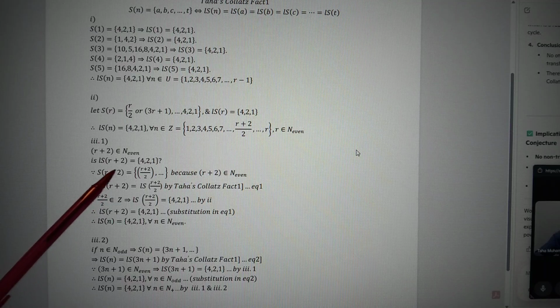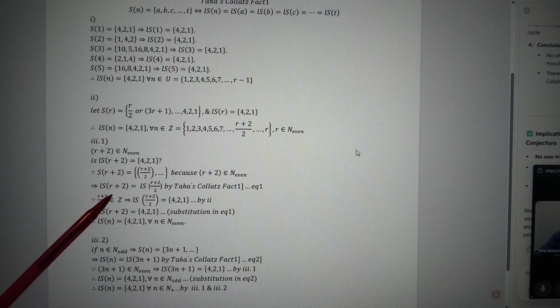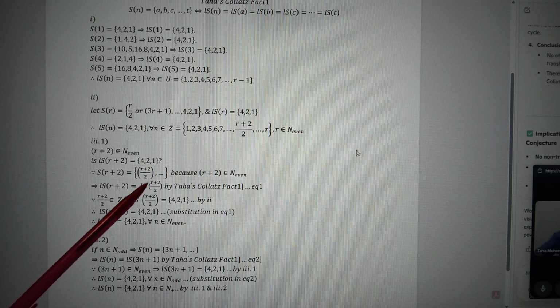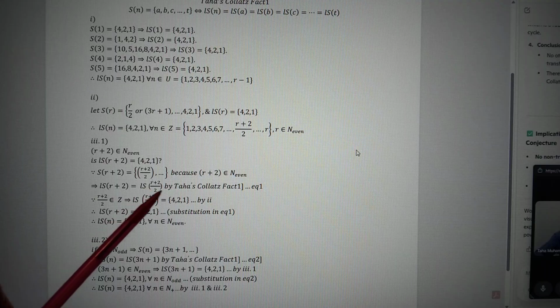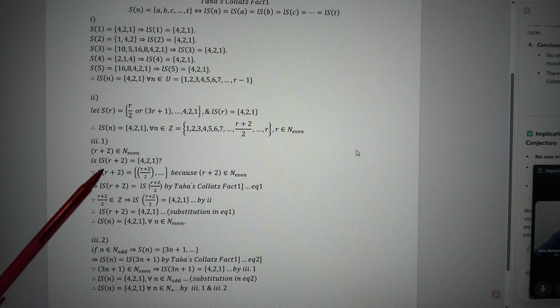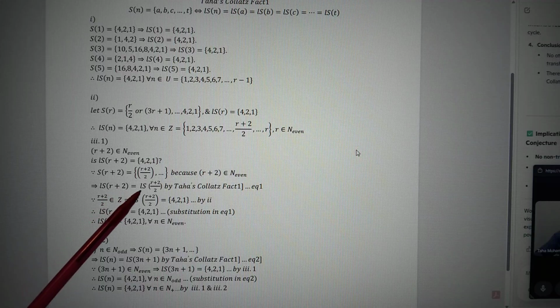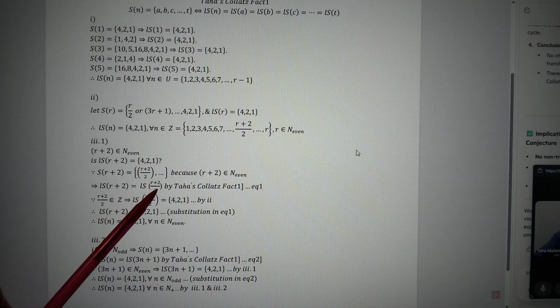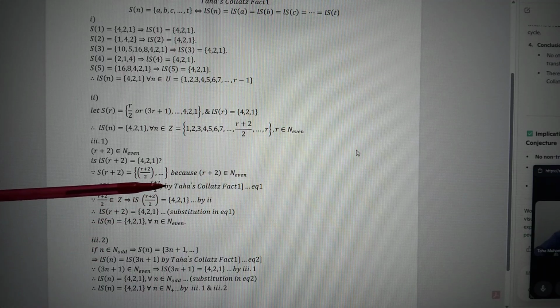Because this is a sequence, go to Taha's fact. Any element on the right has the same loop as the element on the left. See, the loop of R plus 2 is the same as the loop of R plus 2 over 2, and continue like that.